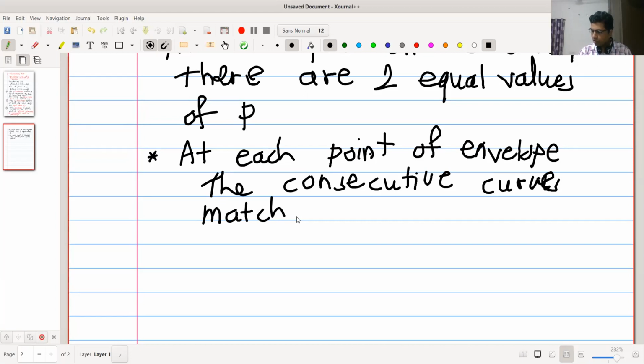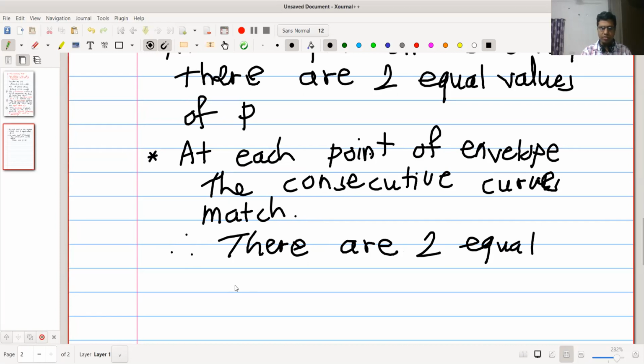Therefore, there are two equal values of C also, or repeated roots as C. Because for two consecutive curves, we will have different values of C. In the limit, these two values will match.